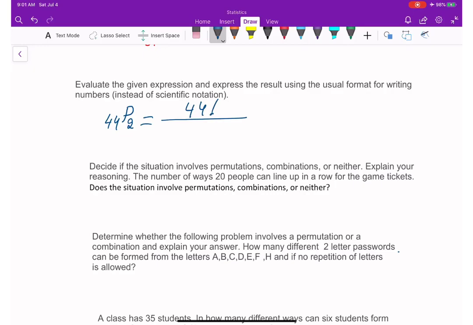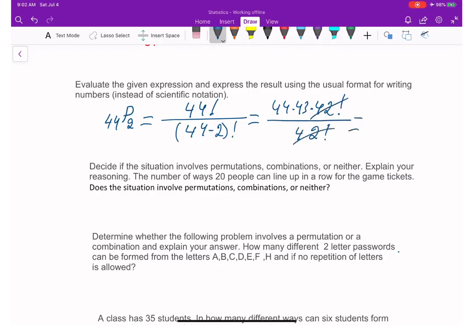I explained when I was doing homework. 44 minus 2 factorial, and that's equal 44 times 43 times 42 factorial over 42 factorial. 42 and 42 is gone, and you get 44 times 43, which will be 1892.